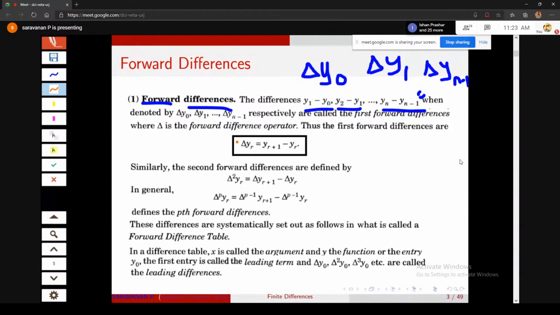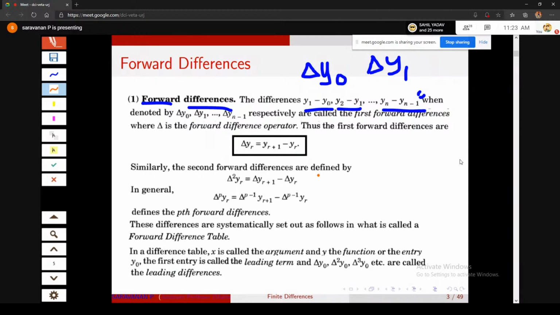If you look at this the other way, delta y0 is defined as the next value of y0, that is y1, minus the same y0. Similarly, delta y1: the next value of y1 is y2, so y2 minus the same value. In general, this is how delta yr is defined: next value, that is y at r plus 1, minus the same value, that is yr. So this is the definition of first order forward difference.